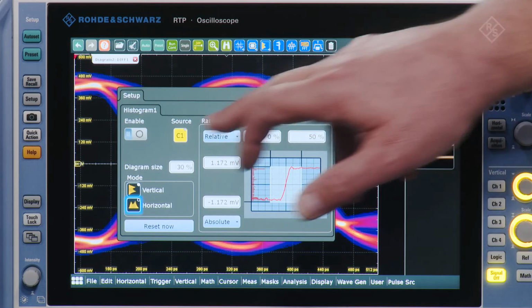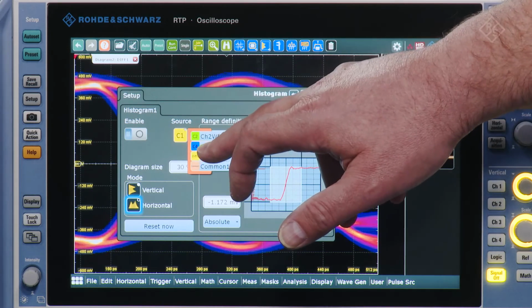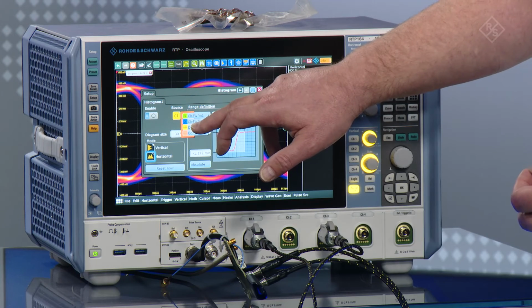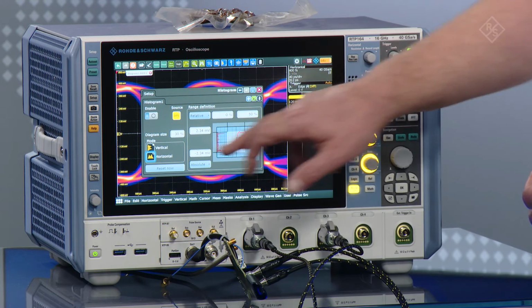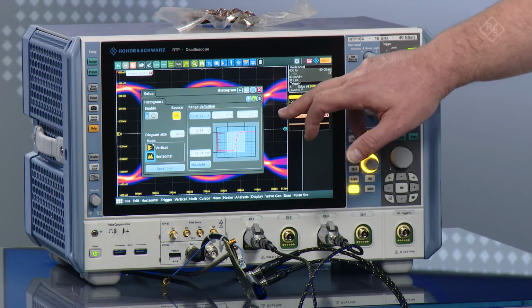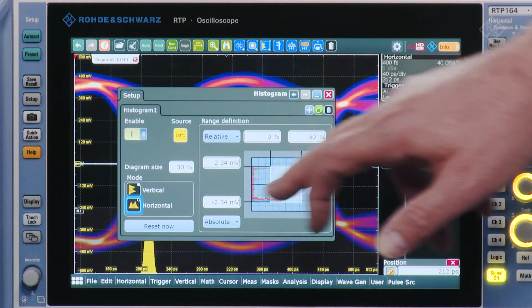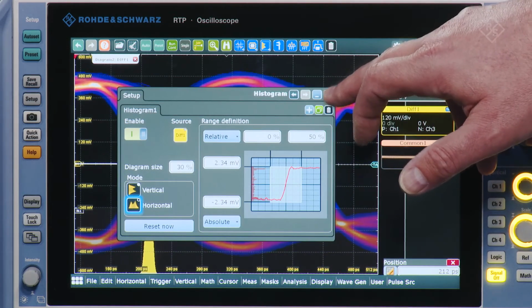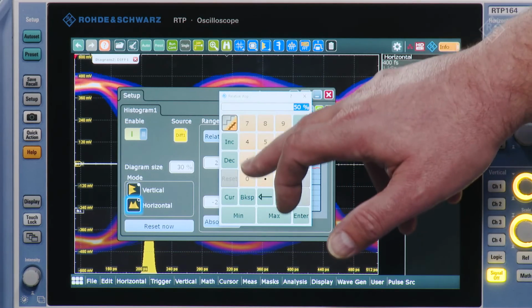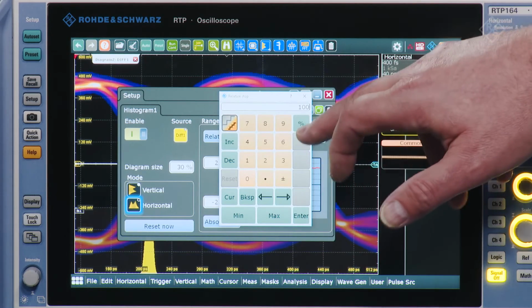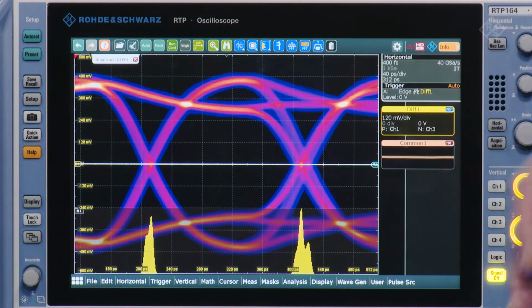In this case, we can close the histogram 1, just reuse the histogram we had before, and change the input. The settings are already appropriate, and we just need to enable that. Here we can go to 100% to check whether both histograms that we see look similar.